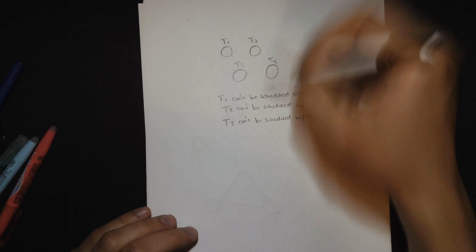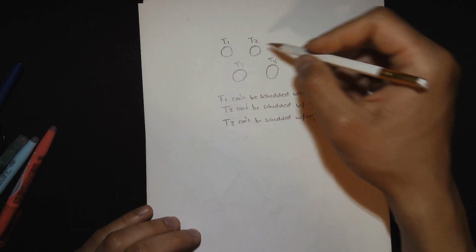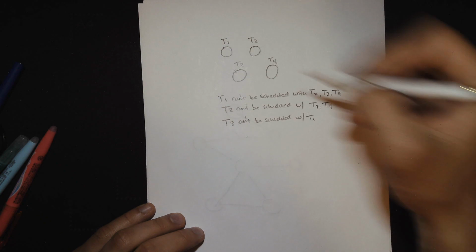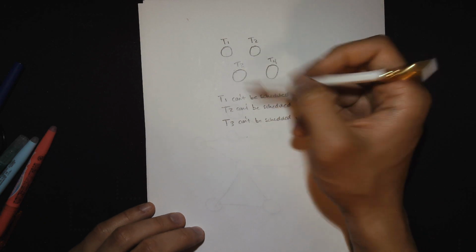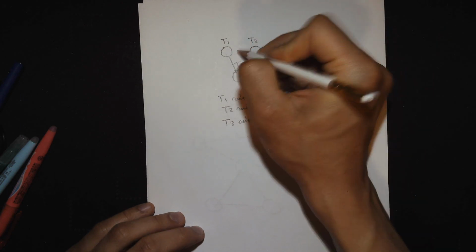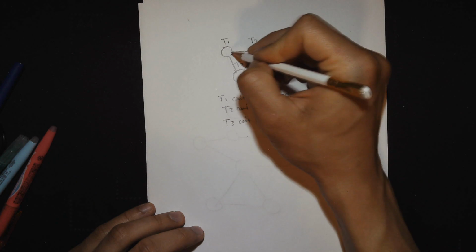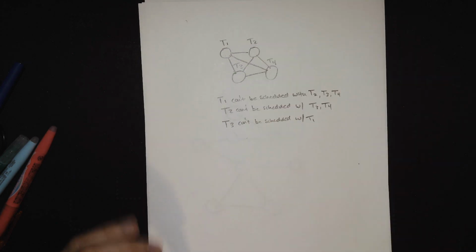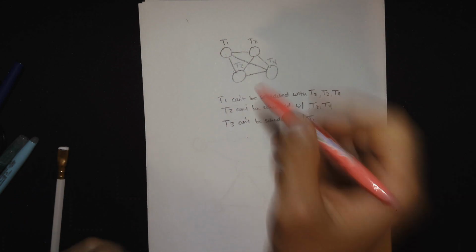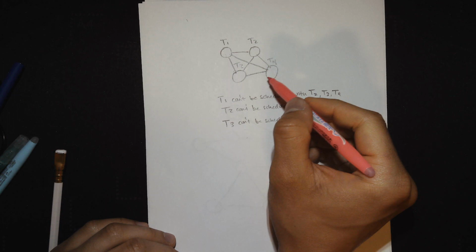So we create a graph whose vertices are all of the tasks, and then we add edges between the vertices if the corresponding tasks can't be scheduled together. In this case, none of the tasks can be scheduled together, so there's an edge between every pair of vertices.